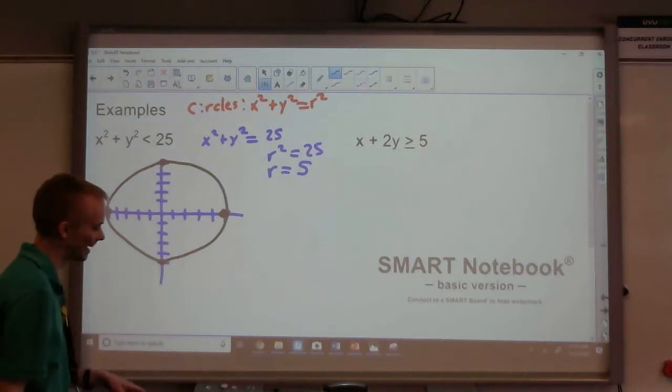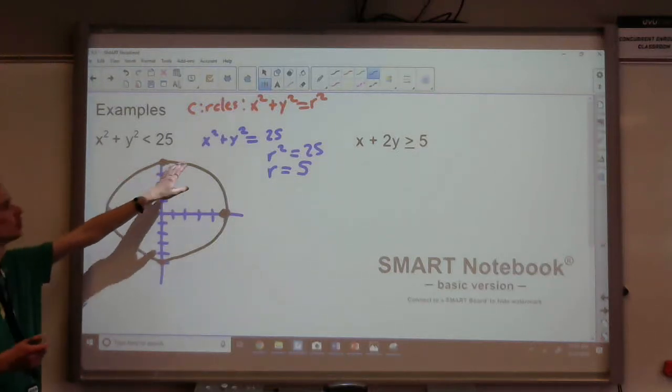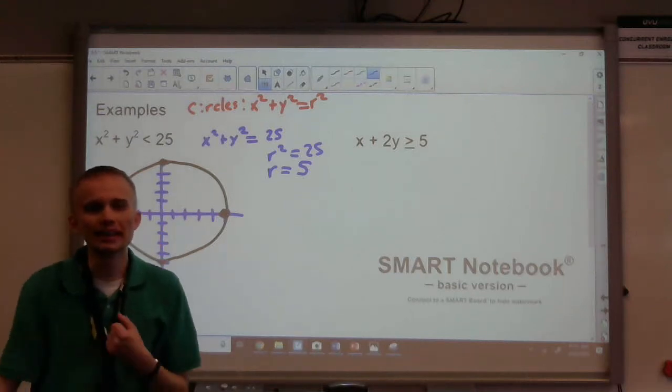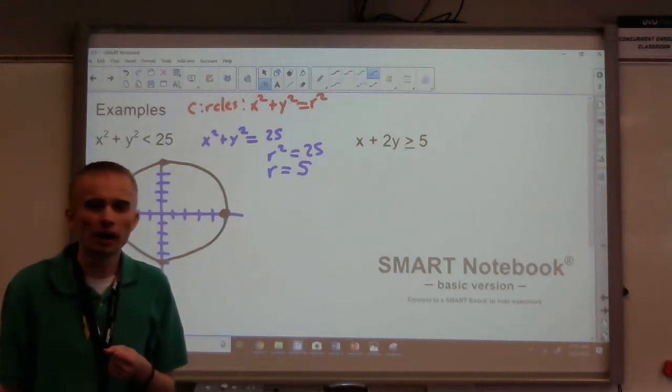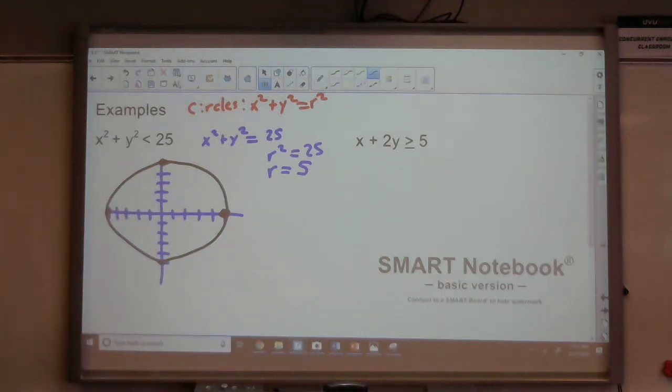Okay, so how do I graph this inequality then? Well, this one is a little weird. It's not quite very easy to solve this for y so that you can figure out whether it needs to be above or below the line. This one's a little strange.